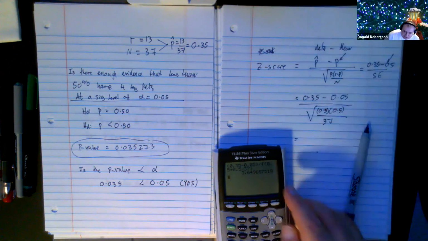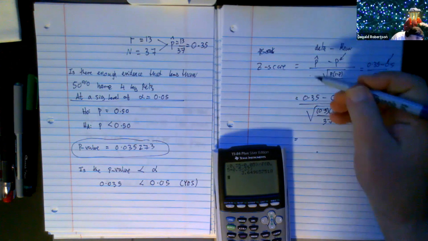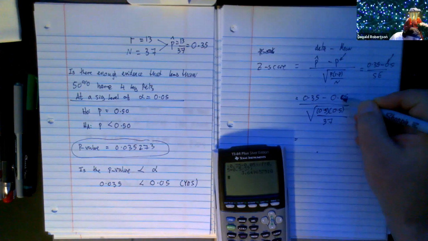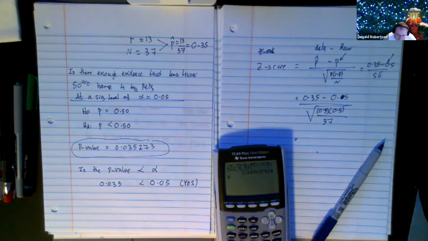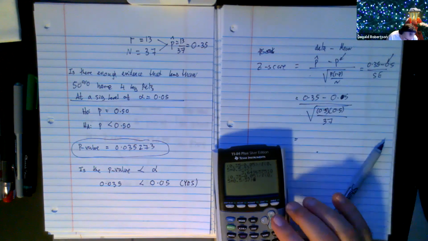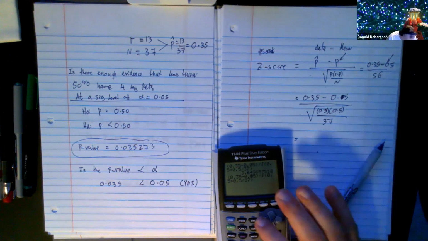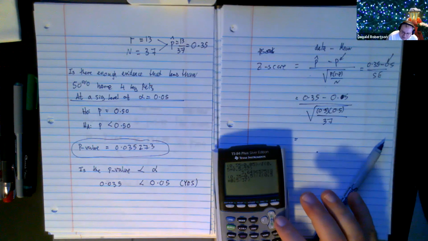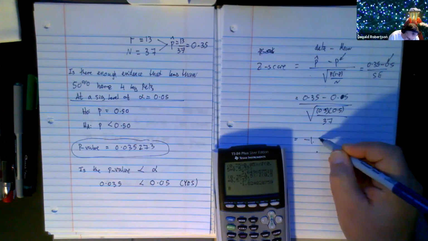And it's not right because what did I type in wrong? Isn't it 0.5, not 0.05? So, yeah, let me fix that. And this is going to be the correct answer. It should be negative, which it is, and it's negative 1.824.